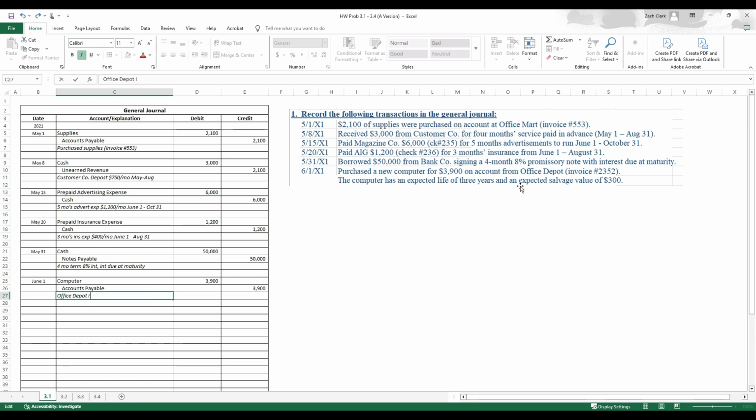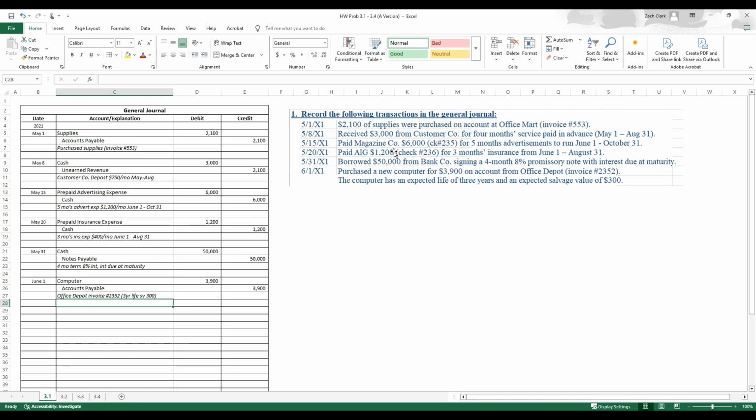Office Depot invoice number 2352. And let's say, actually, just, yeah, let's go ahead and put 3-year life, salvage value of $300. So just some little helpful notes there for calculating depreciation. And okay, that's all the normal kind of day-to-day transactions that we've recorded in our general journal.